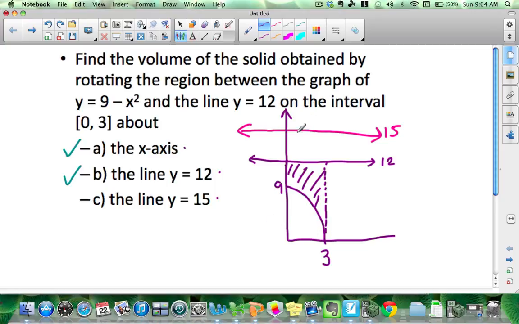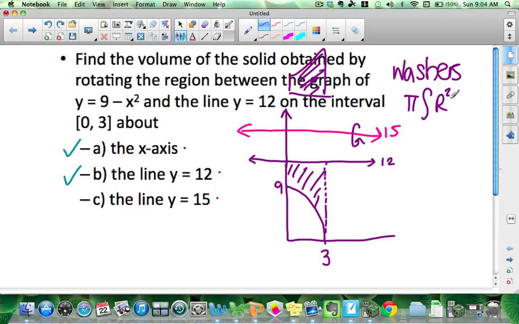I'm going from left to right, so I'm still integrating with respect to x, but now I'm rotating around this region, which means that when this guy rotates around that whole thing, I'm going to get my mirror image somewhere up here. Can you kind of see that? And so we're going to have a gap here, which means we are going to be dealing with washers, which means I'm going to have pi times the integral of big R squared minus little r squared.